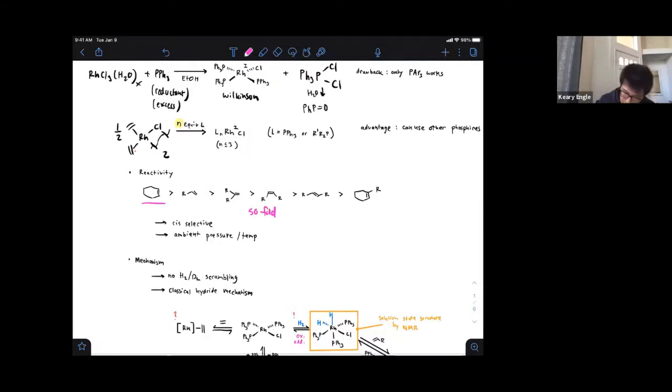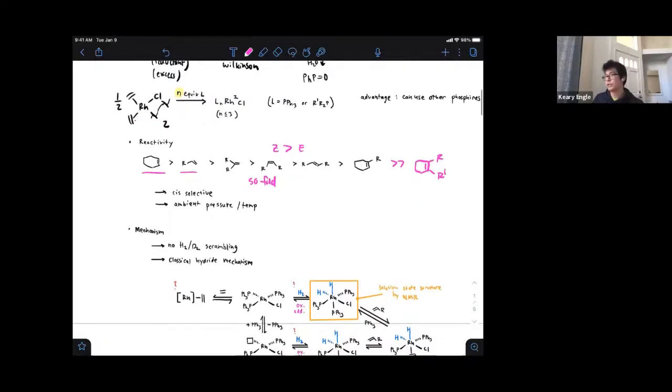These are reasonably reactive, and terminal alkenes are reactive, and then you start to see reactivity dropping: 1,1-disubstituted, 1,2-disubstituted. Again, a common theme is that Z is more reactive than E. Sterically, it's more accessible, easier to get onto the metal, and has more potential energy. Trisubstituted, and especially tetrasubstituted, alkenes do not work well with Wilkinson's catalyst, and that was a known limitation, irrespective of whether it's internal or terminal.